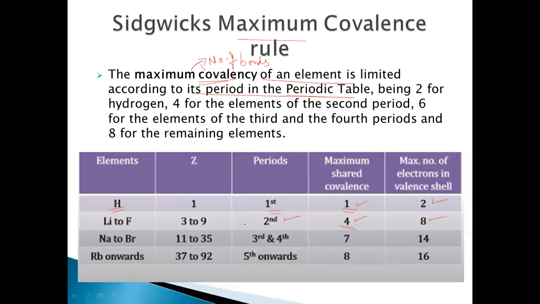And if the element belongs to the third and fourth periods, from sodium to bromine, then we can expect a covalency of 7, and the number of electrons in its outermost shell will be 14. And from rubidium onwards, that means from the fifth period onwards, we can expect a maximum covalency of 8 and not more than that. So we can have a covalency less than what is written here, but not more. For hydrogen, we can have only a covalency of 1, but not more than that.